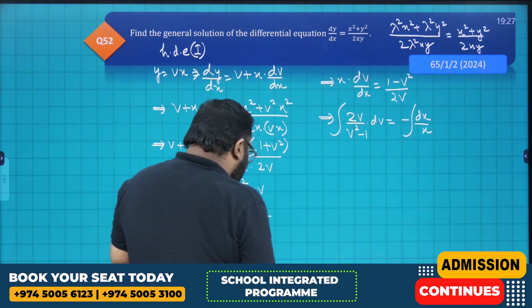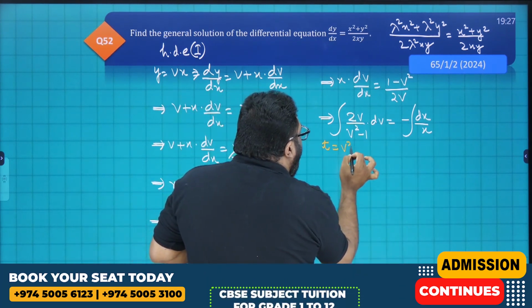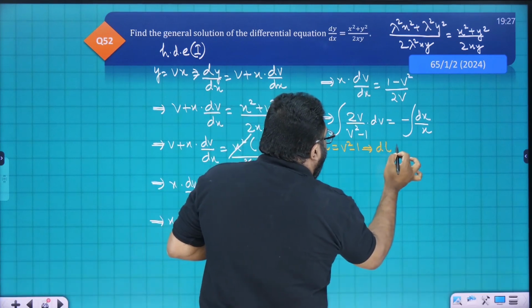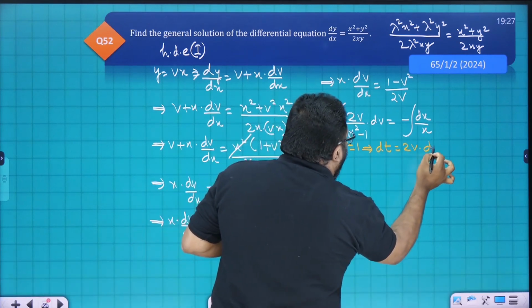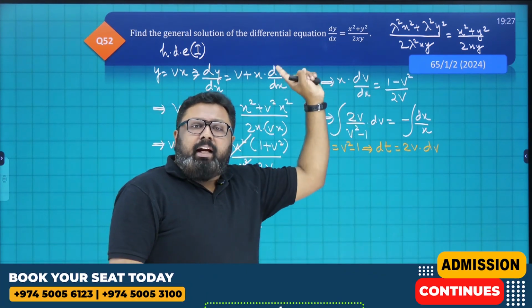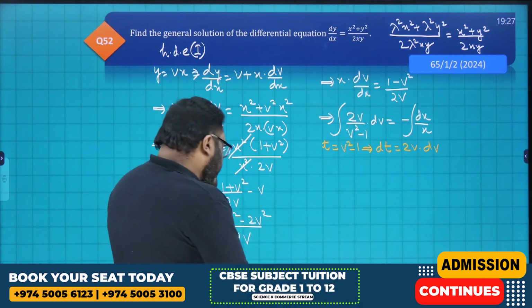Now integrating both sides. Do you see that this is again a substitution? t is equal to v squared minus 1 implies the derivative is equal to 2v dv. Perfect derivative. That is why I left the negative sign on the right side itself and brought the pure function to the left side.